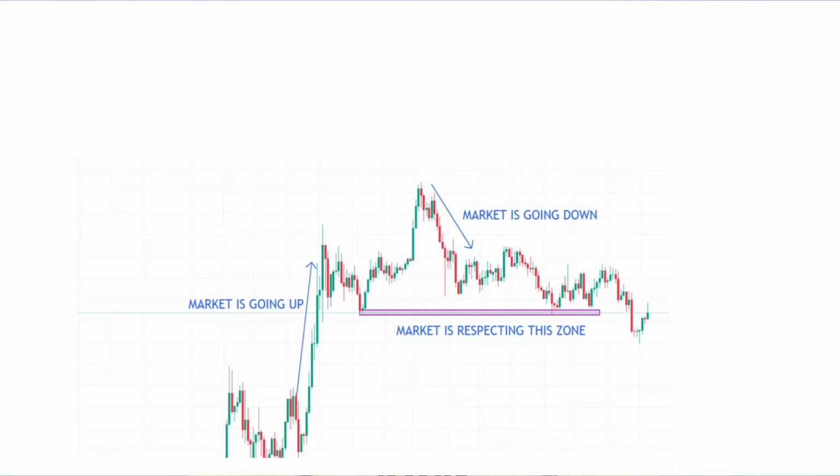The market went up for a specific period, and then it started going down, as you can see in that arrow. In the process of going up and going down, you can see that there is a zone that the market was respecting.